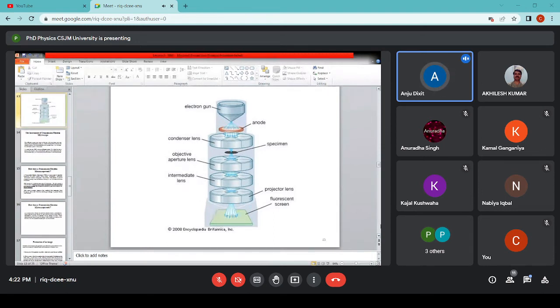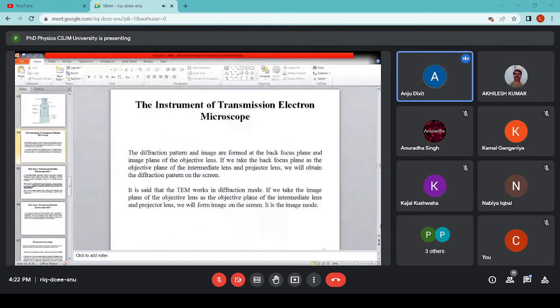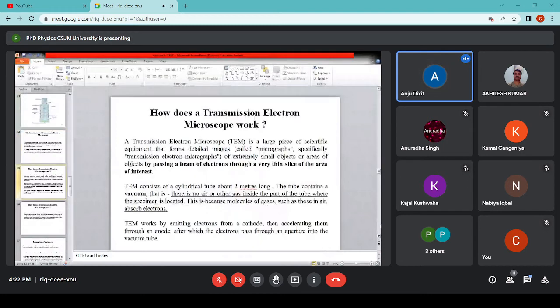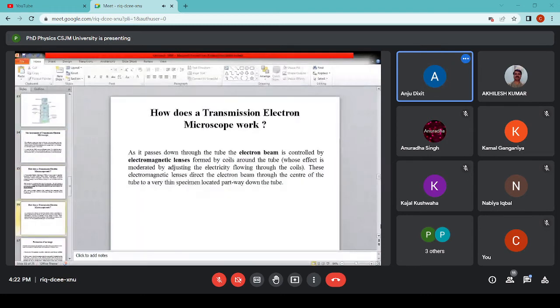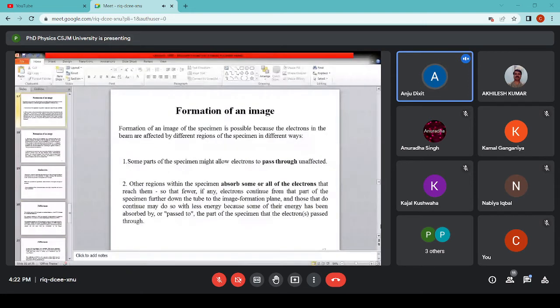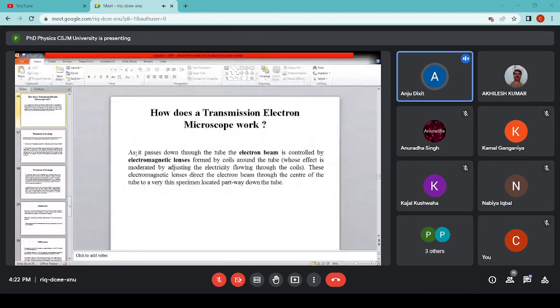So again, I am going to the same slide where I was explaining about the working of TEM. As it passes down through the tube, the electron beam is controlled by electromagnetic lenses formed by coils around the tube, whose effect is moderated by adjusting the electricity flowing through the coils. These electromagnetic lenses direct the electron beam through the center of the tube to a very thin specimen located part way down the tube.